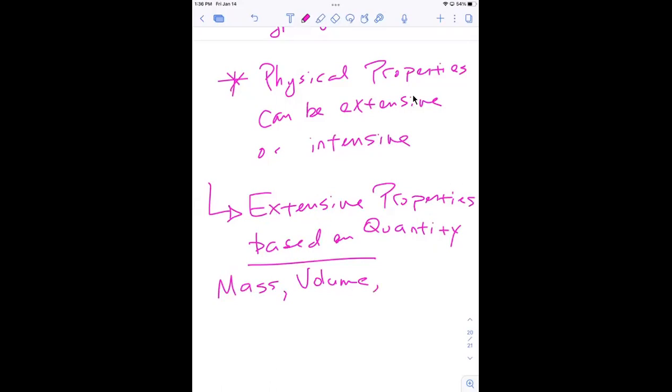The same with length and width. All of these are extensive properties. If we have one brick, you measure it across and you have a certain width. If you stack 6 bricks next to one another and measure across, the width is going to be greater, right? So extensive properties are based on quantity.